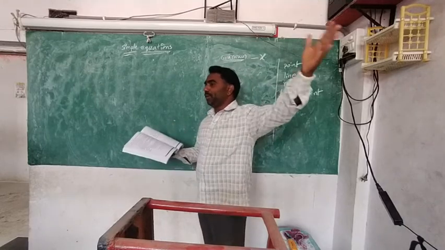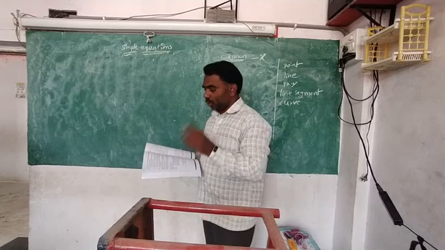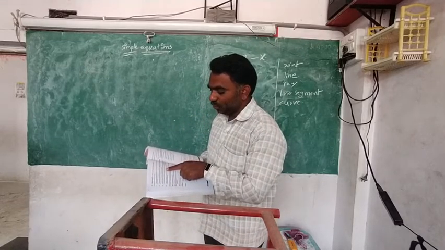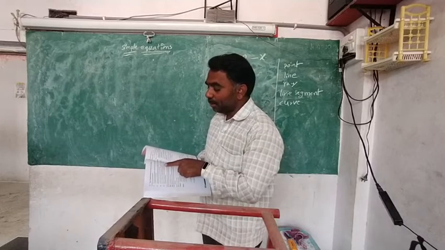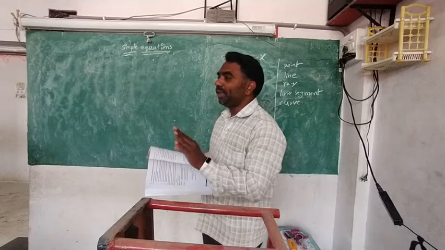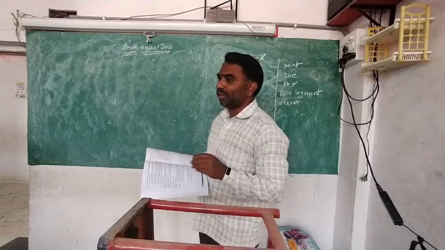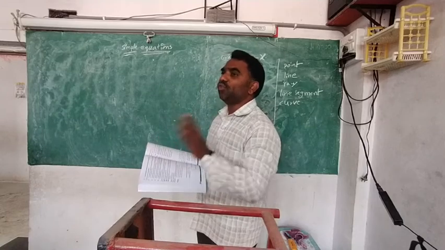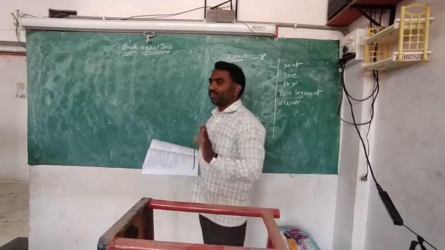I said to you, with big numbers you can't guess it. Then how many? So the question is what? Find the number of notes in each denomination. Means how many 10 rupee notes are there, and how many 50 rupee notes are there? I think you understand the question.